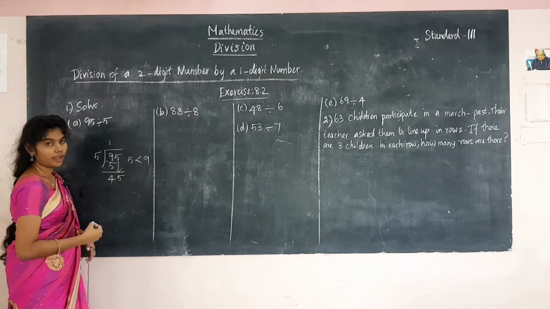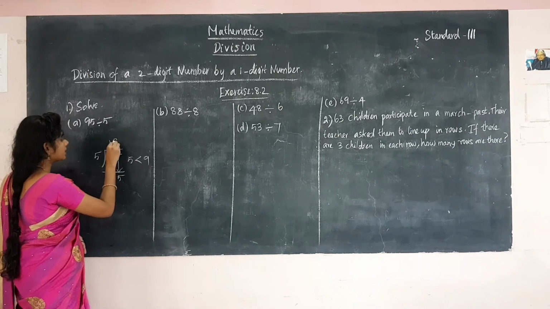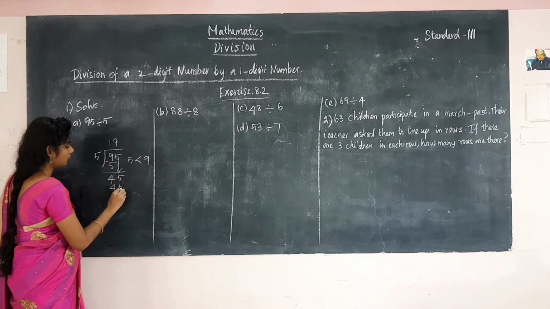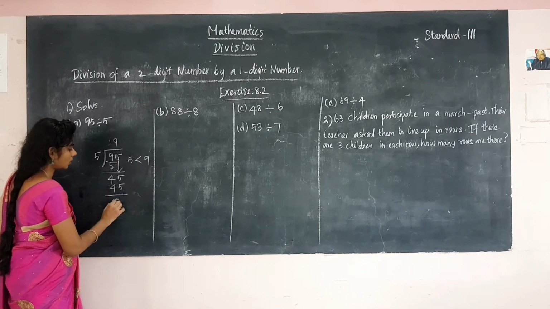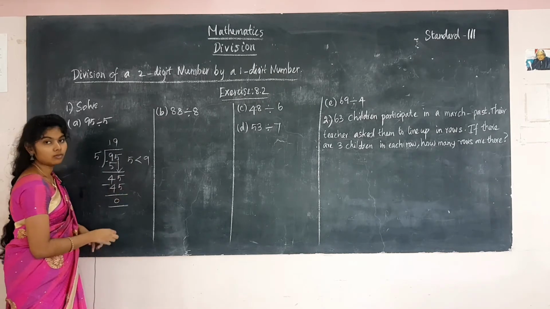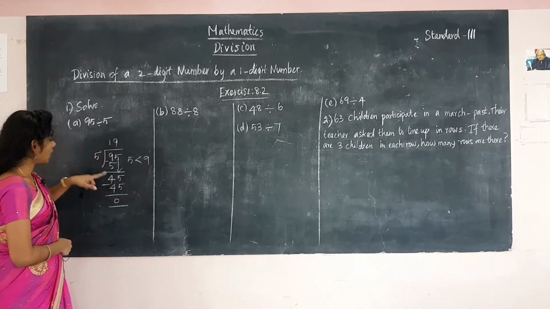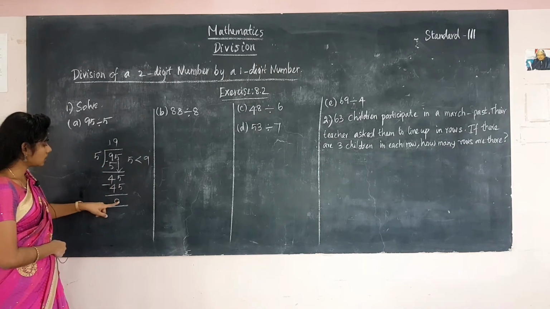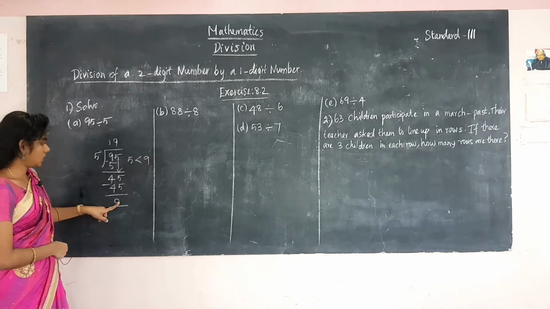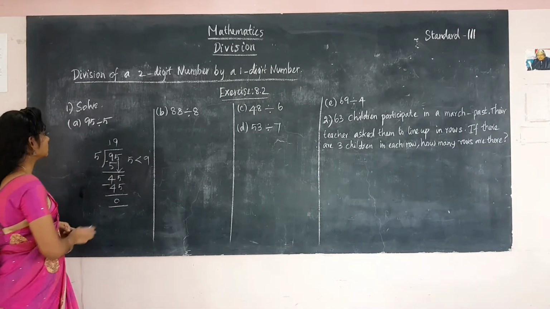So 45. Now 9 5s are 45. So the answer is 0. While subtracting, the remainder will be 0. So here the answer is 19.